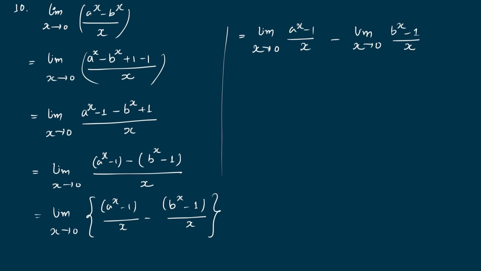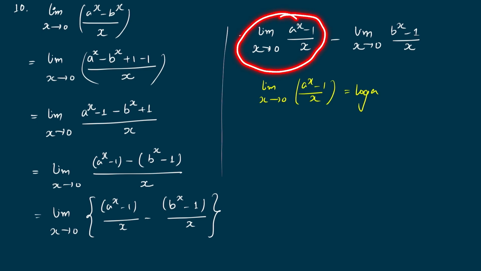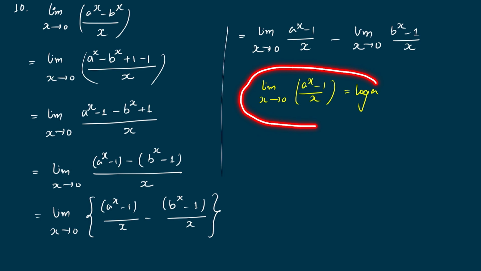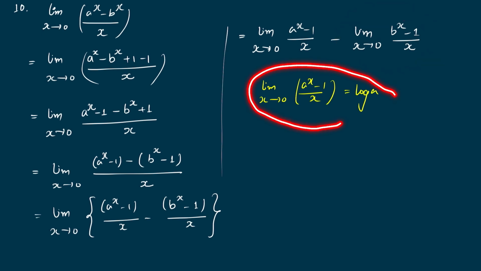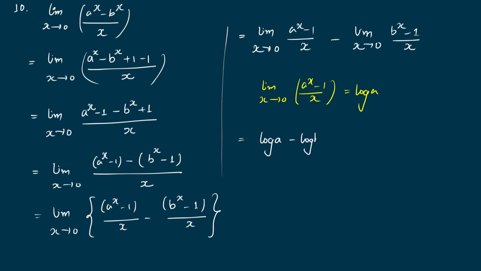Now I will try to remember one formula. As you can see, this portion is similar to that formula, so the value will be log of a. Similarly this portion is also looking like this only, so here the value will be log of b. So we will have log of a minus log of b. So this will be equal to log of a by b. Since that is the property of log, this is our answer.